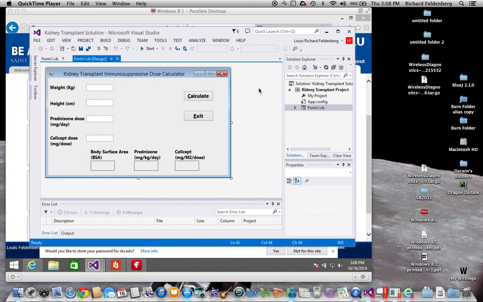So the name of my final project is Kidney Transplant Immunosuppressive Dose Calculator. And yes, that is kind of a mouthful, I know. But this is something that I think actually could help me with my job.